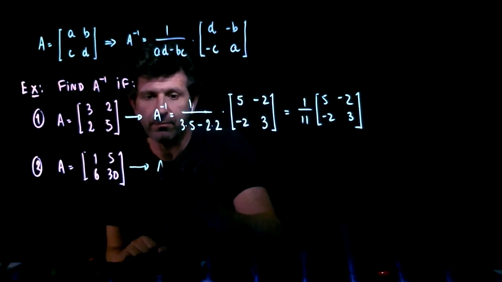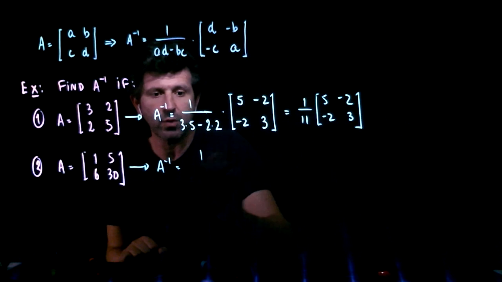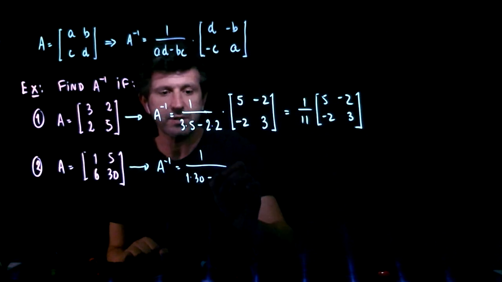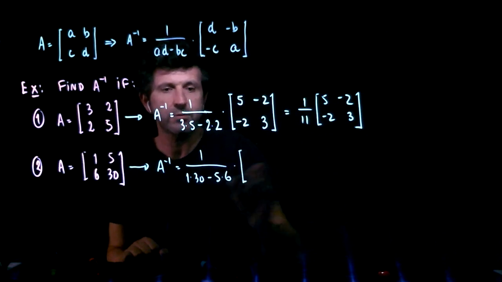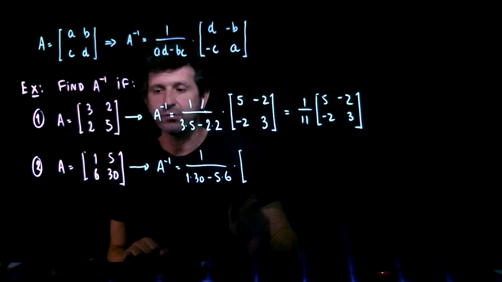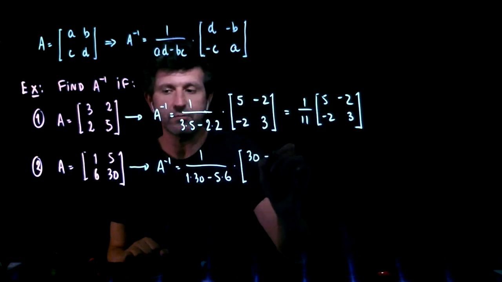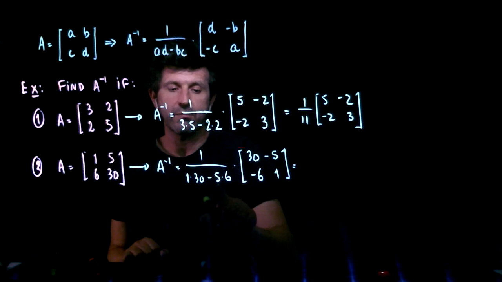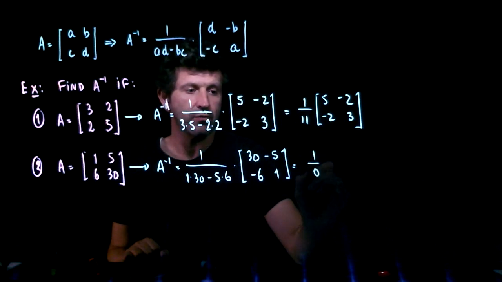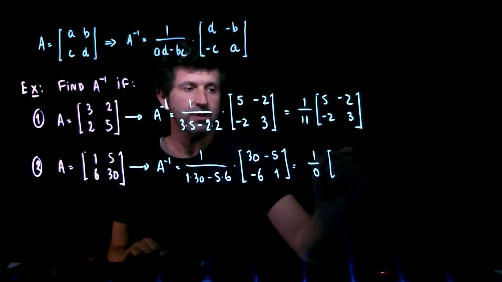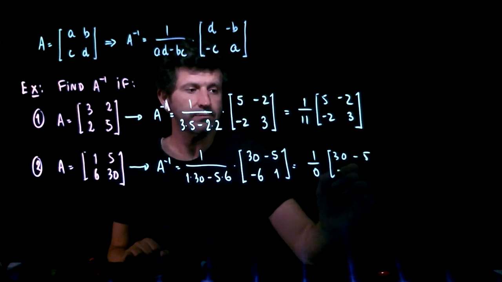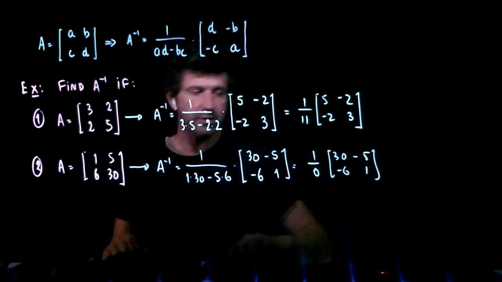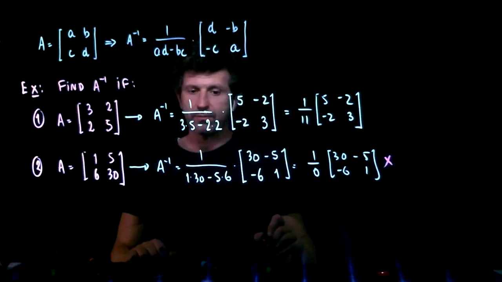Let's try the other one. A inverse equals 1 over, so 1 times 30 minus 5 times 6, times the matrix D, negative B, negative C, A. And 30 minus 30, we get 0. So 1 over 0 times this. So of course, this does not work.